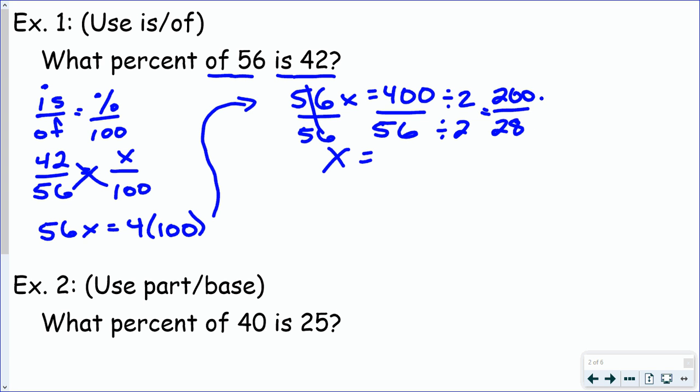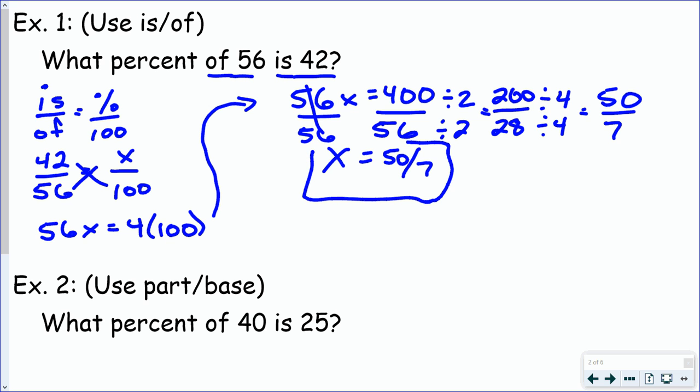These have a common factor of 4, so let's divide them by 4. That gives me 50 over 7. I'm going to leave my answer as that. In algebra, we're okay with improper fractions as answers. If you get a long decimal that fills up your calculator, just leave it as an improper fraction.